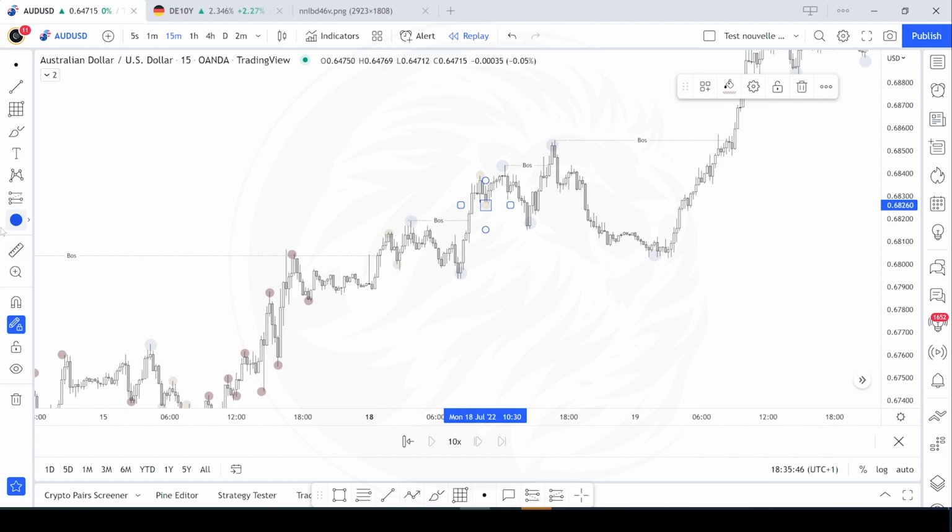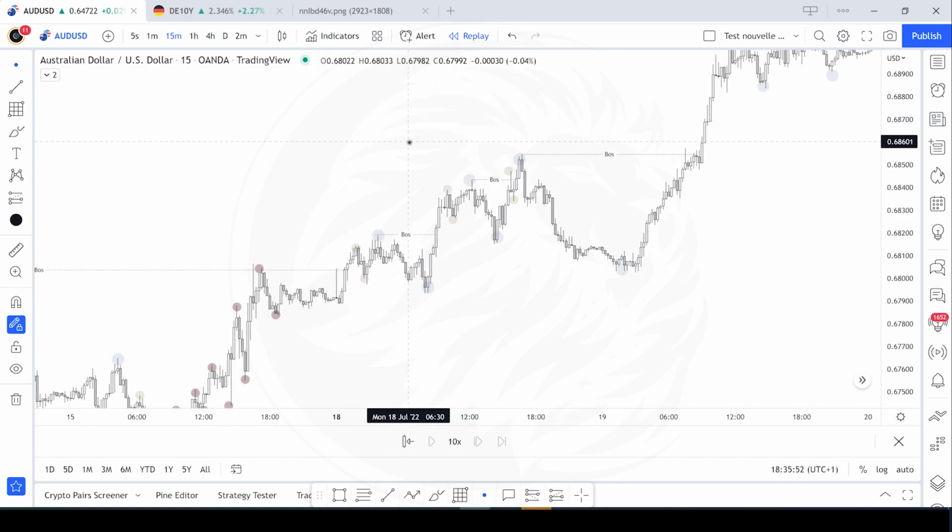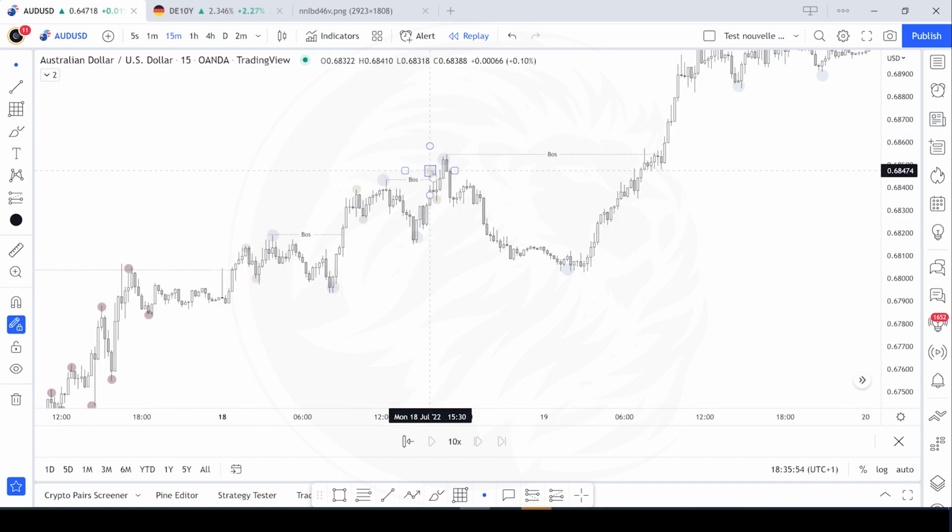Here now we can start to mark it. We have a minor one here. We never use this minor structure as a touch, okay? You will see in the results in the next video, but you will use this structural low as a touch and not the minor structure.